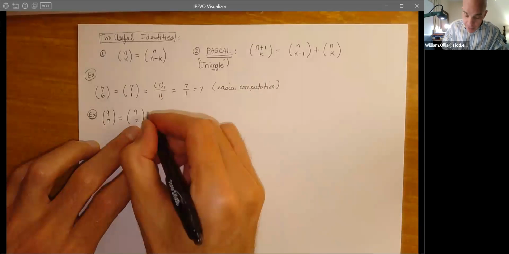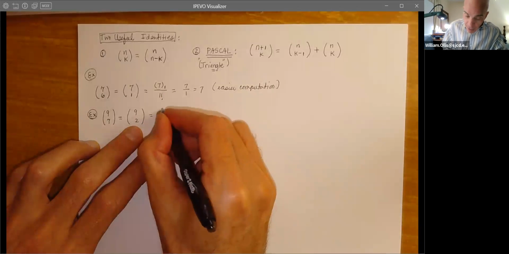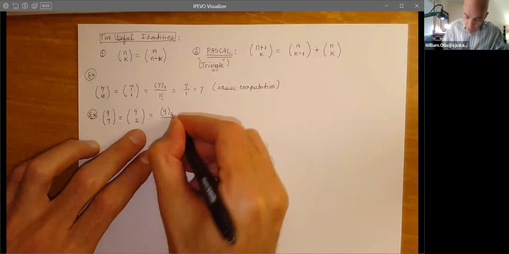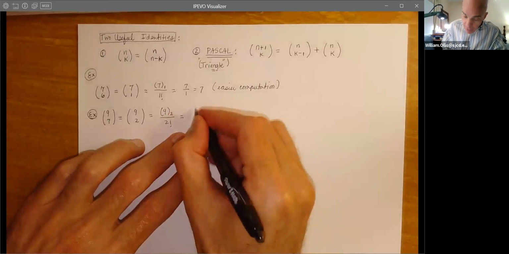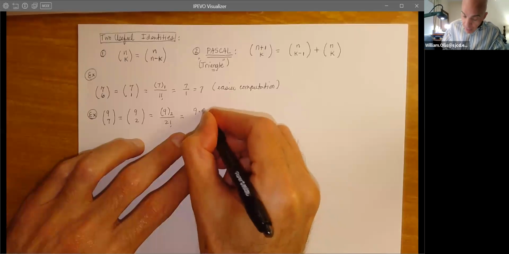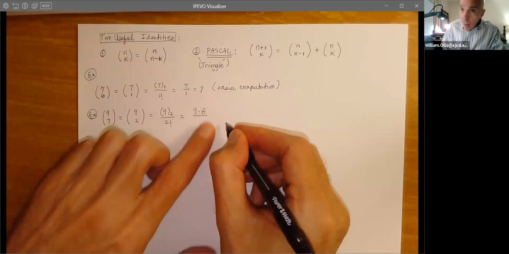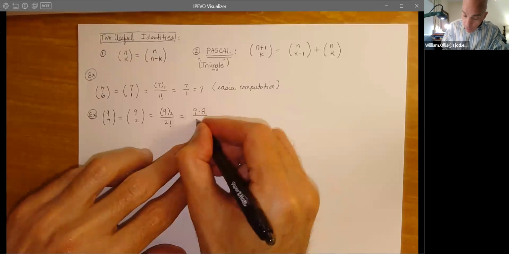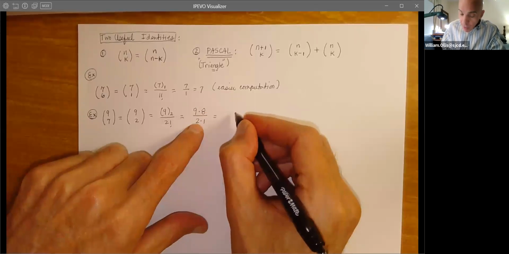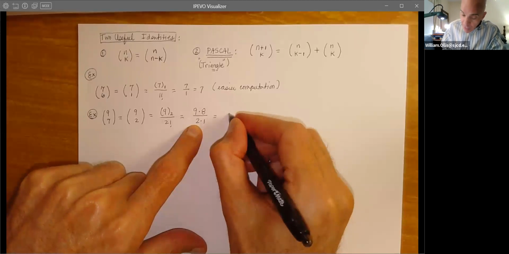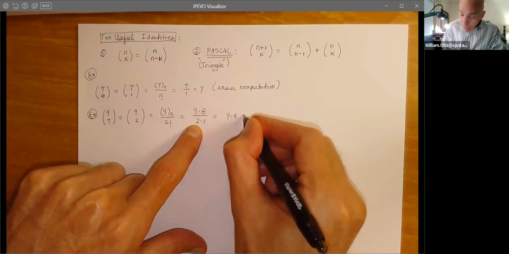And so this is easy. So this is 9 perm 2 divided by 2 factorial. So this will give us 9 times 8, stop, 2 factors, falling factorial, over 2 times 1. So of course the 8 and the 2 absorb, that gives us a 9 times a 4, and we get 36.